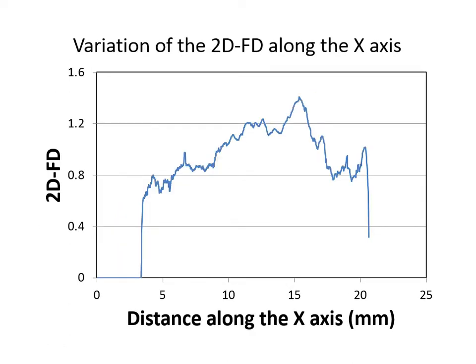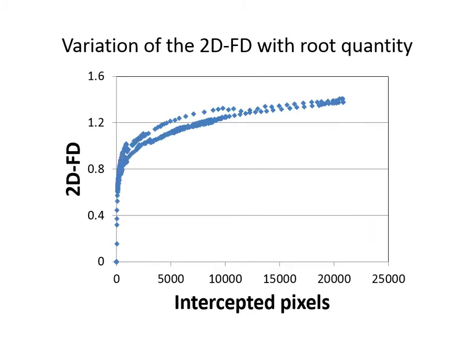This is how the fractal dimension varies along the x-axis. And we look at, among all these x-axis, the amount of roots versus the fractal dimension. You see at the lower end, there is, of course, a high variation, with a very low variation with root size at the higher end.